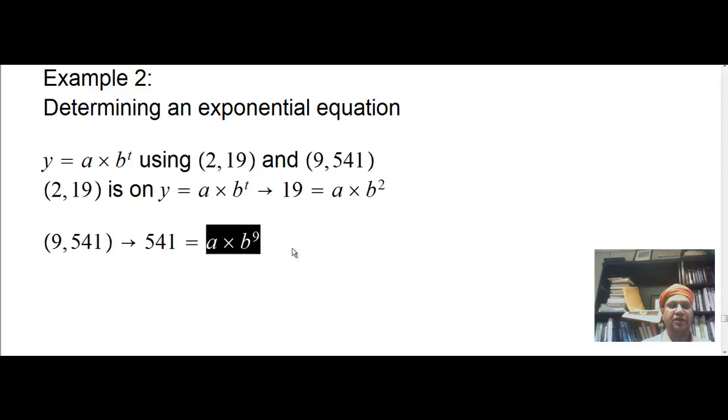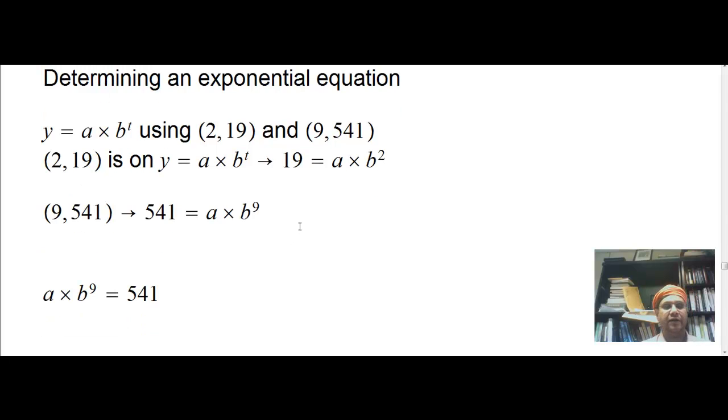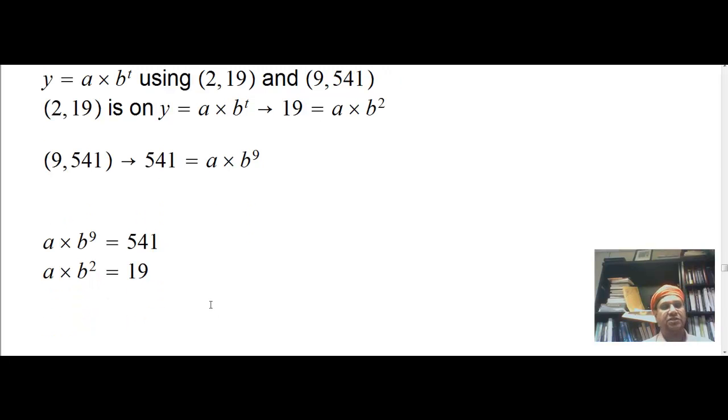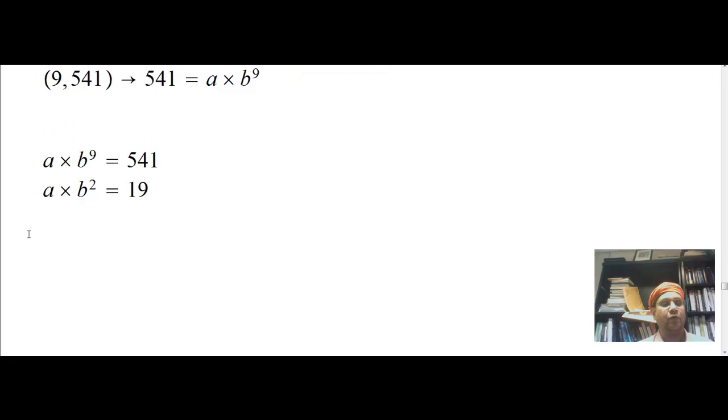So we have this: A times B to the 9 equals 541, and A times B squared equals 19. Makes sense? Now this is like an elimination in a different way.